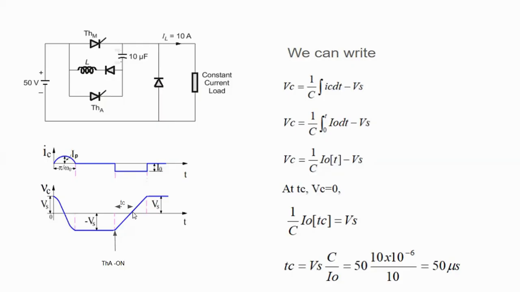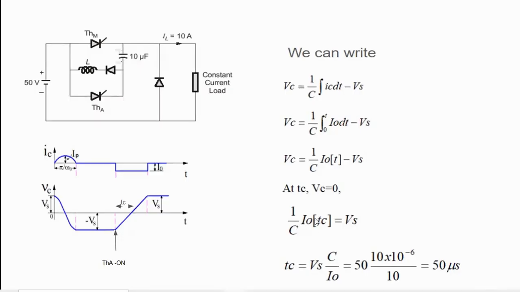At this point, we can see that the capacitor voltage is reaching 0. So we take this boundary condition: at Tc, Vc becomes 0, so that we can equate 1 by C times I naught times Tc equal to Vs. If we do that, we get Tc as Vs C divided by I naught.